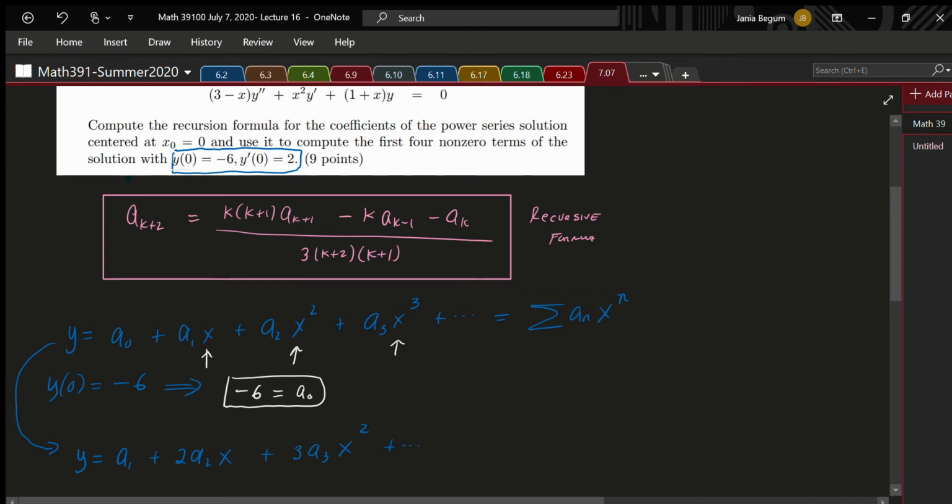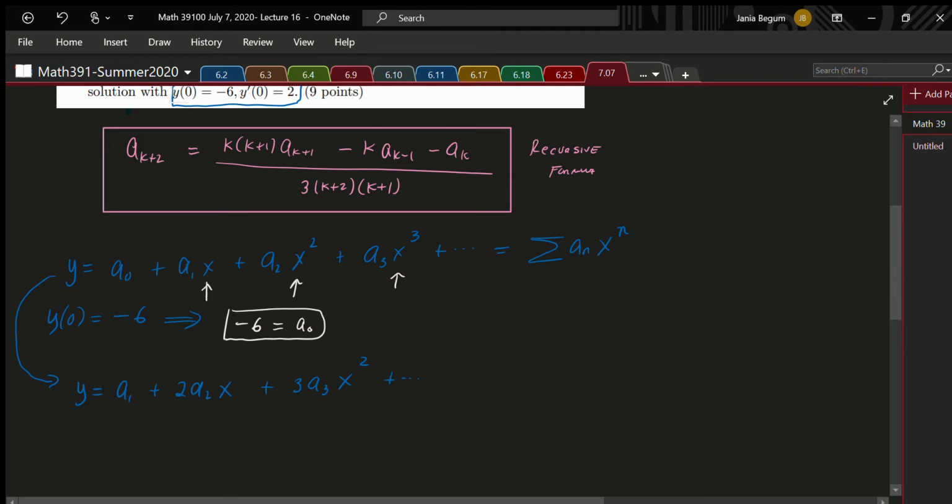And now if I sub in my initial condition, y prime of 0 is equal to 2, so we plug in x equals 0. For the remaining terms, they all carry an x, so they all disappear. So we have the condition that 2 happens to be a1.